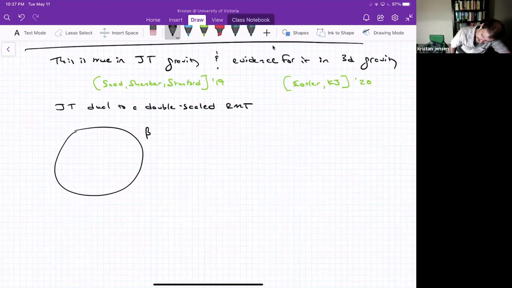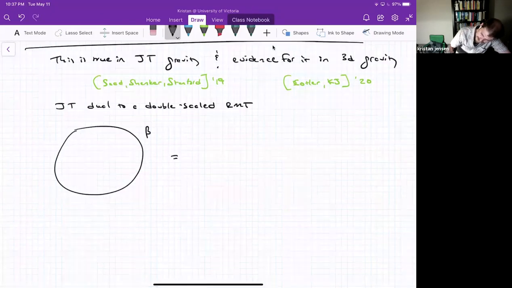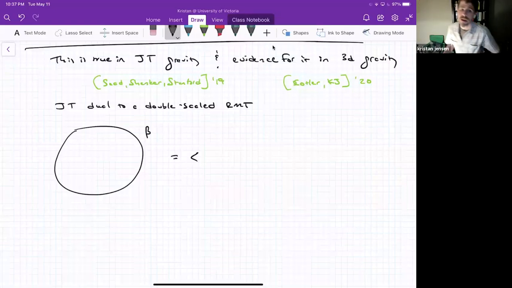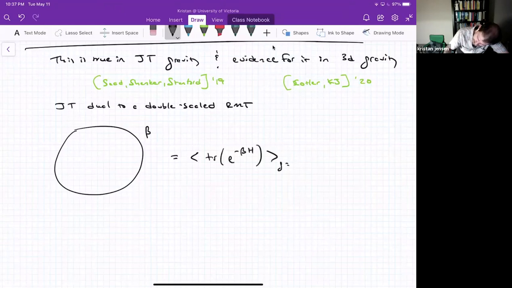And the relation to random matrix theory is that this is equal to, well, random matrix theories have a genus expansion, an analog of a 1/N expansion. And within the matrix model, this is trace e to the minus beta H at genus 0, where H is the random matrix that one is sampling.